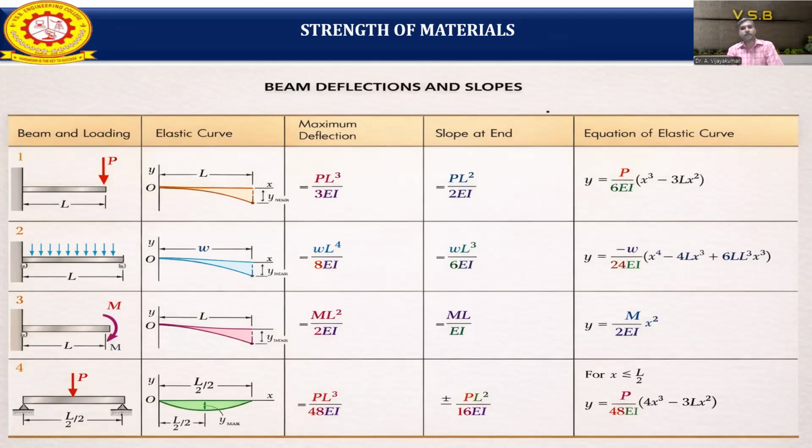So it is evident that for a single point load or simple configuration of loading and supporting system, we can apply the double integration method to find the slope and deflection of the given beams.